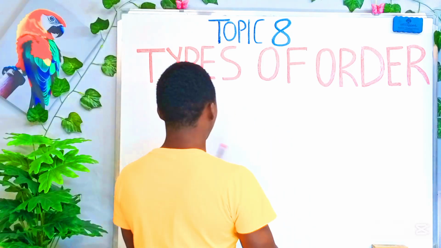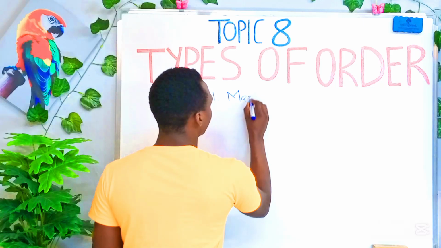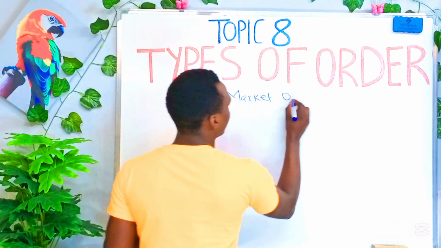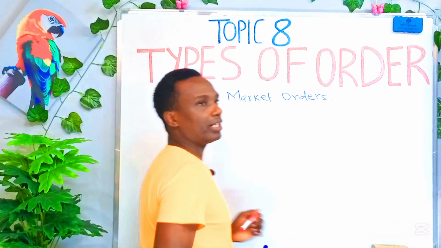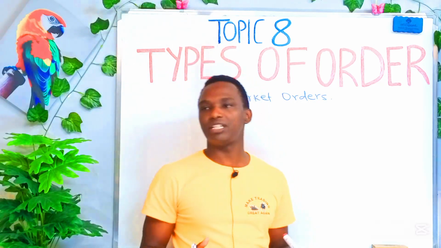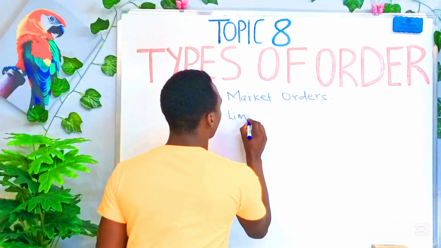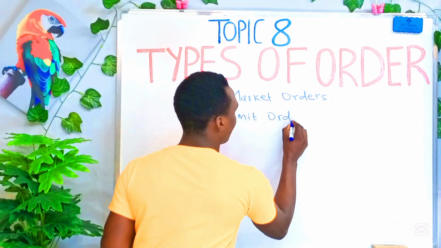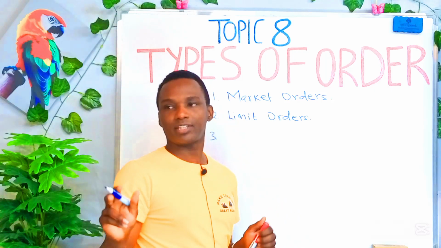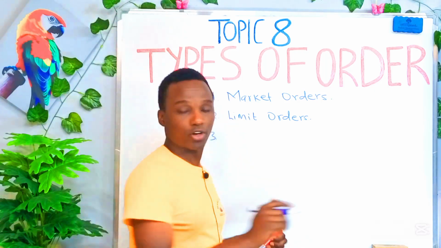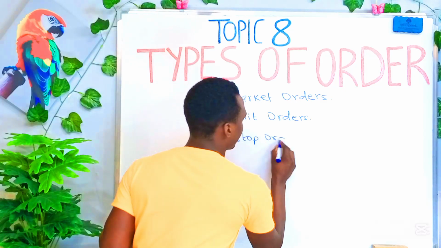At number 1, we have market orders. At number 2, we have limit orders. At number 3, we have stop orders.